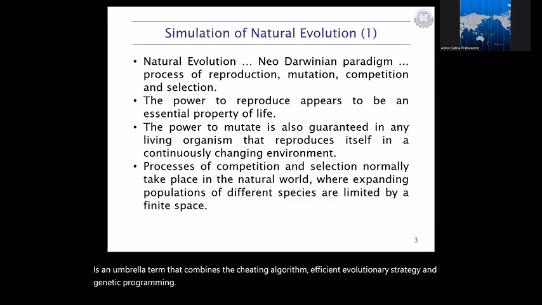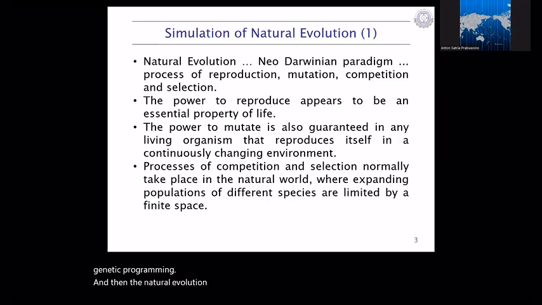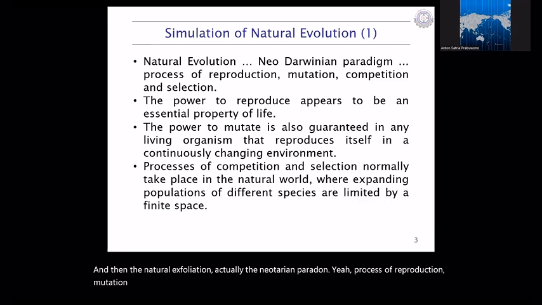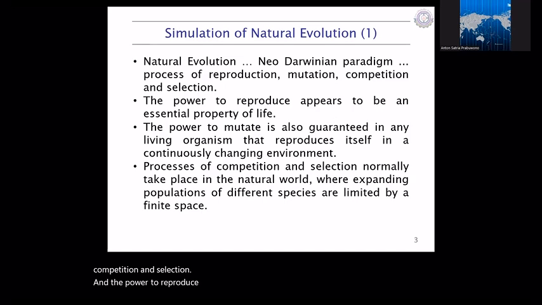And natural evolution is actually the neo-Darwinian paradigm: the process of reproduction, mutation, competition, and selection. The power to reproduce appears to be an essential property of life. So we can say it is natural evolution.